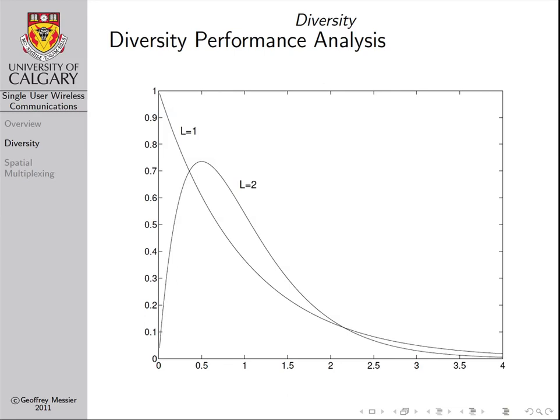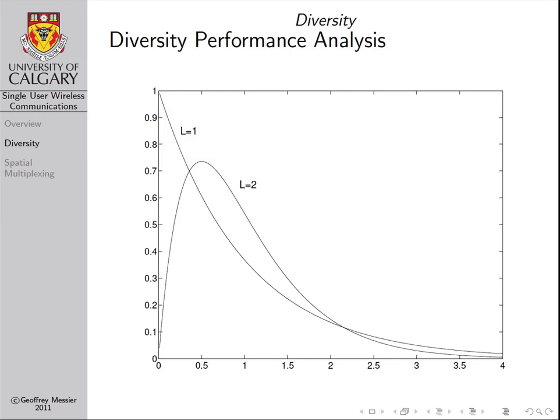Now let's see what happens when we add two diversity paths. So here we're showing the original distribution for 1, the exponential distribution, and now we're showing the fading distribution for 2 diversity paths. It's a very important thing to compare the shapes of these two distributions and understand how they affect the performance of a wireless system.